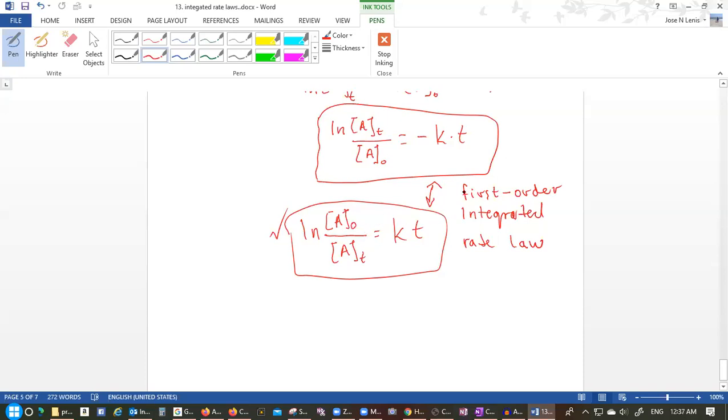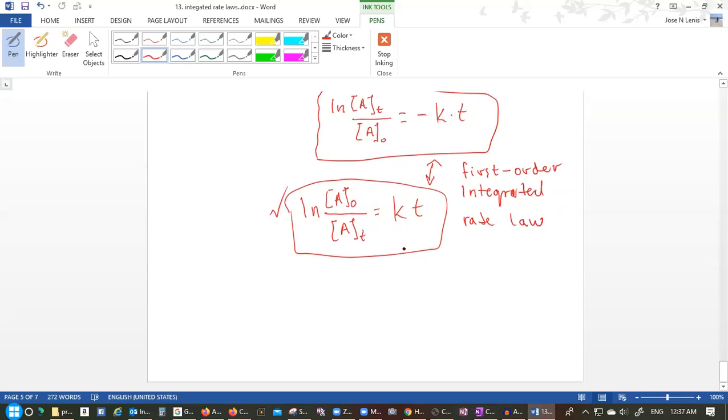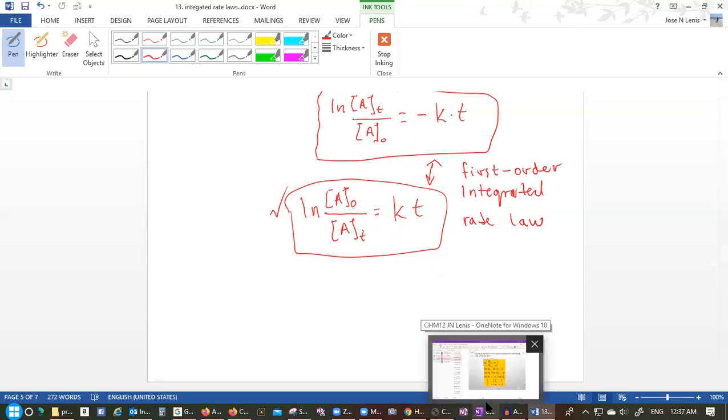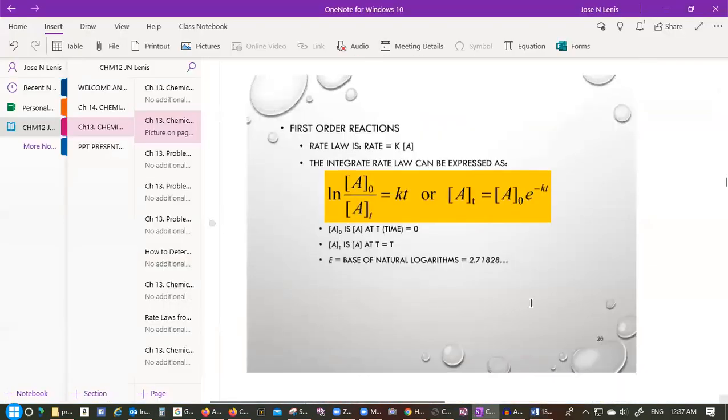Let's go to the second order integrated rate law. And also we are going to learn how to find the half-life. So there are different ways to express your integrated rate law here.